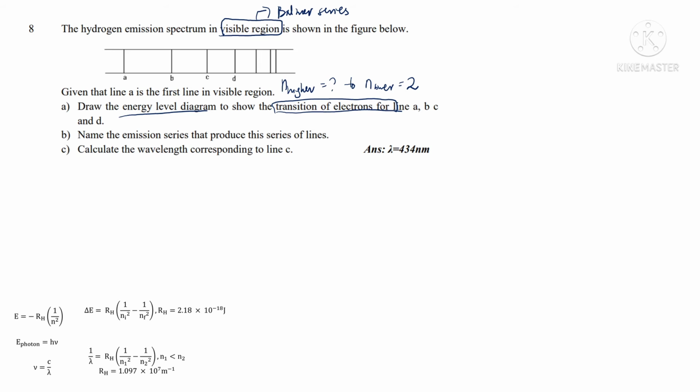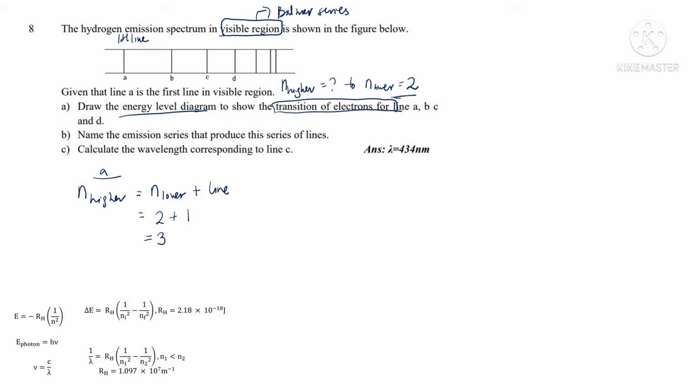For the first line, which is A, we want to find what is the higher energy level. The higher energy level is equal to the lower energy level plus the number of the line. The lower energy level is 2 and the number of the line is 1, since A is the first line. Therefore, the higher energy level is equal to 3.